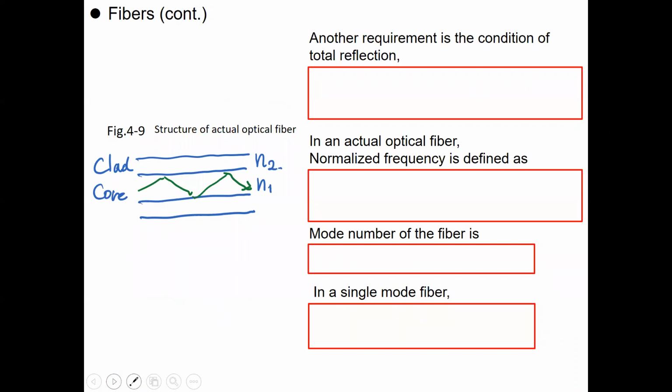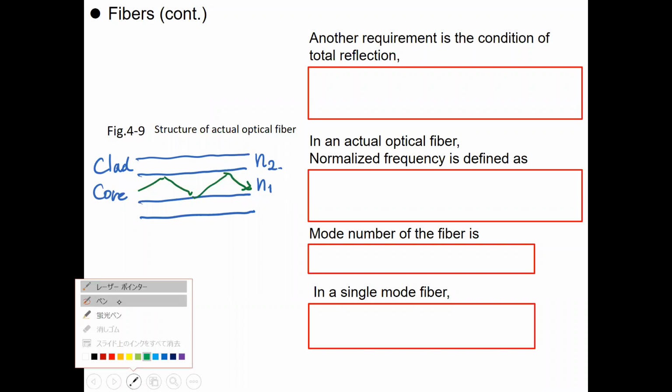When you use optical fiber, another required condition is total reflection. Because the outside, which is called the clad, is also a transparent material sometimes. If the light can go into the n2 side, then during the many reflections the light just goes out.